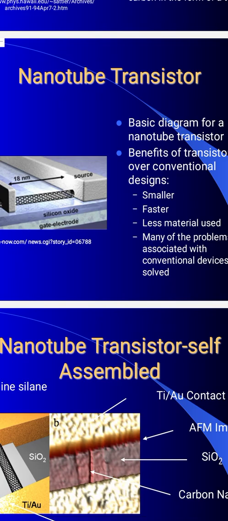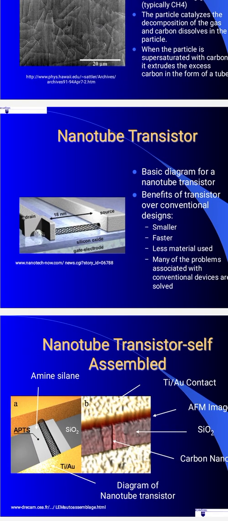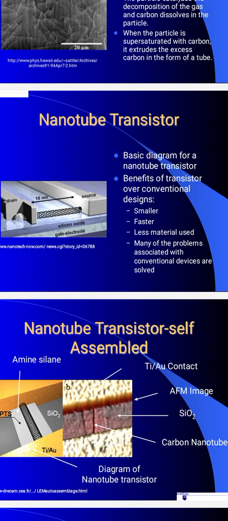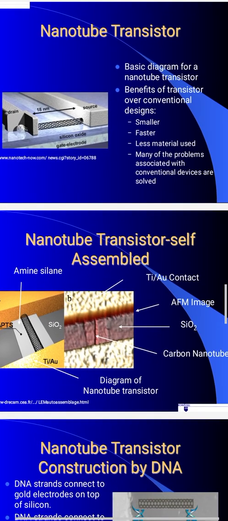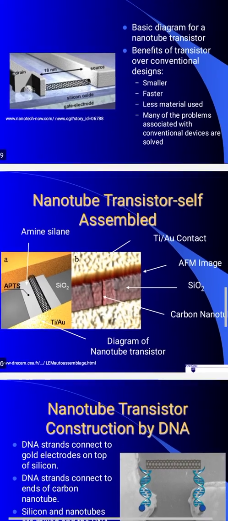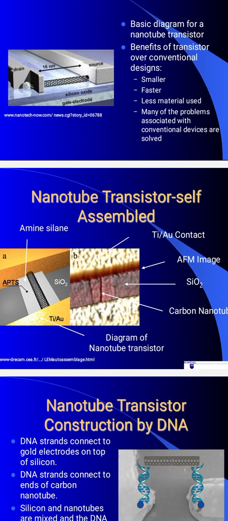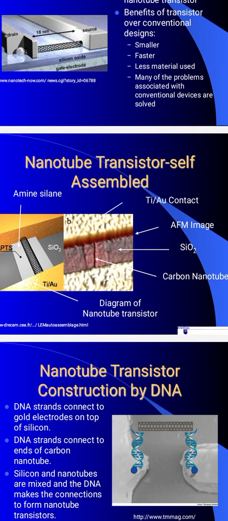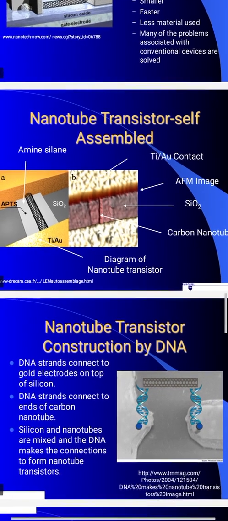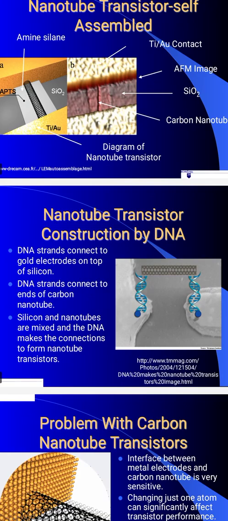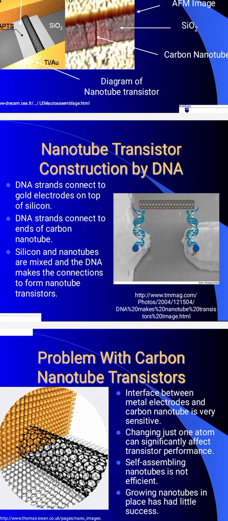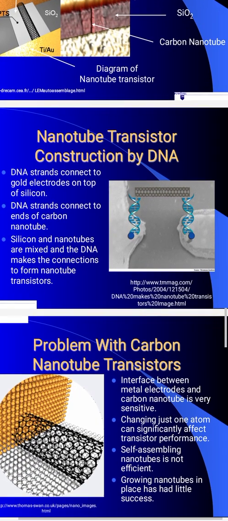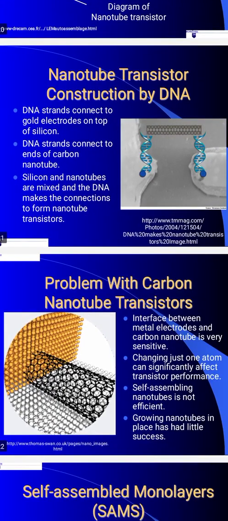So this is a transistor there. Nanotube transistor, self-assembled. Also a picture is shown here. Nanotube transistor construction by DNA. So using DNA also you can make a nanotube transistor.